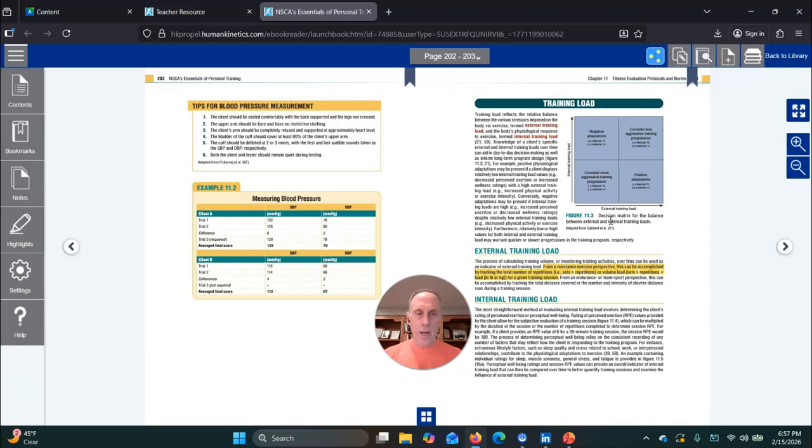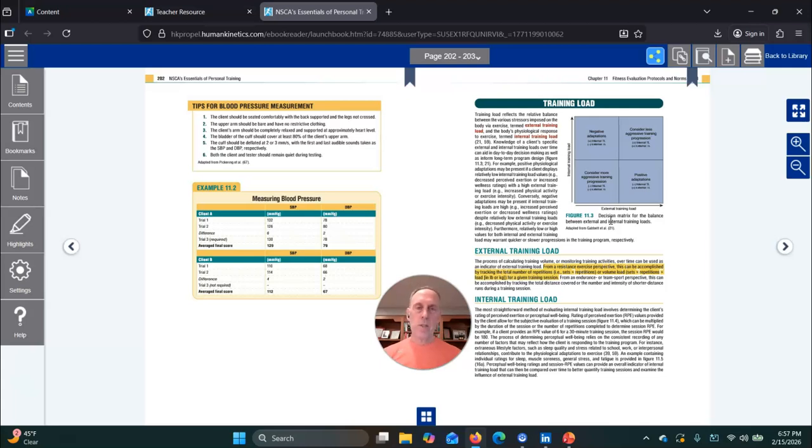And they talk about how, from a resistance exercise perspective, this can be accomplished by tracking the total number of repetitions, which is volume, or volume load, which is reps times sets times load, meaning the amount of weight moved for a given training session. So we can quantify that load.